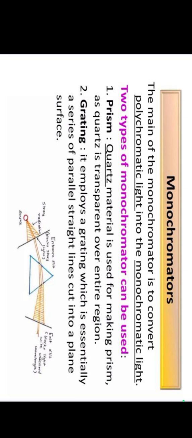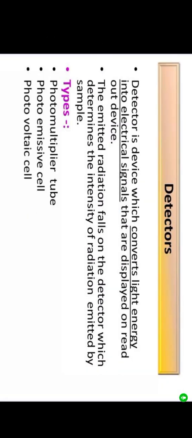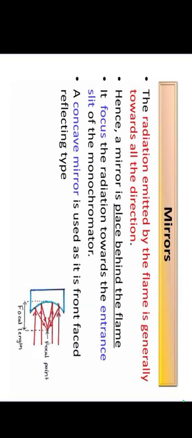The fourth instrumentation process is the monochromator. The monochromator contains two types of slits: one is the entrance slit and the other is the exit slit.